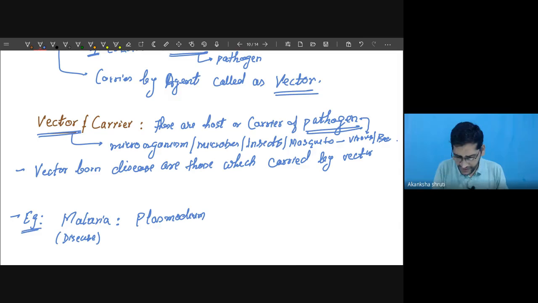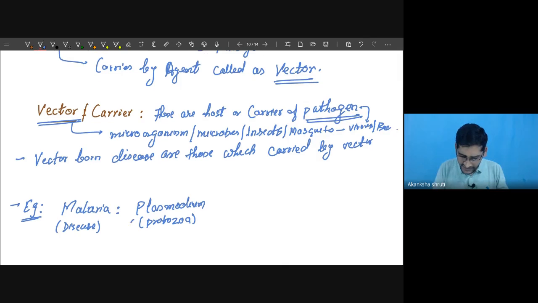So plasmodium is the what? Pathogen. Plasmodium is a kind of protozoa. So this plasmodium, which is a protozoa, this is the pathogen.